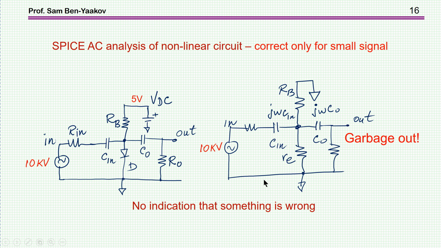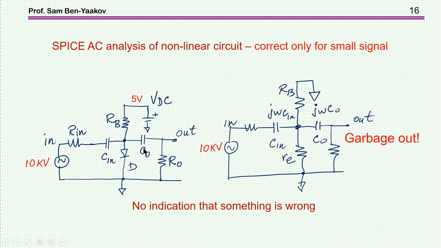To understand it better, let's go back to the example of the attenuator. Suppose we have an attenuator, and let's now put some numbers, say it's 5 volts. I'm setting this to a certain operating point. And this will be the linear circuit, and now I'm going to feed in 10 kilovolt AC.